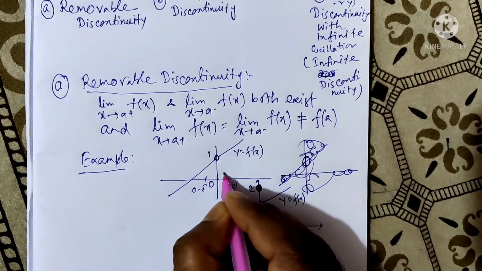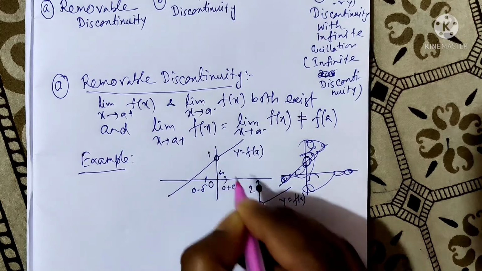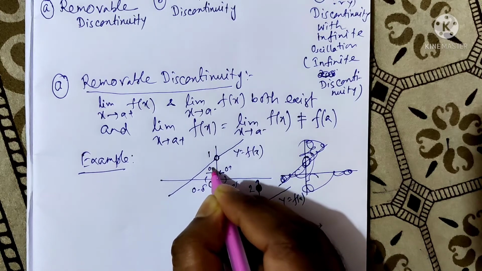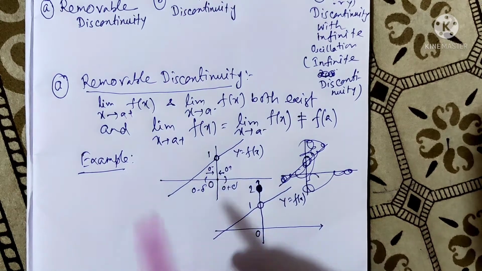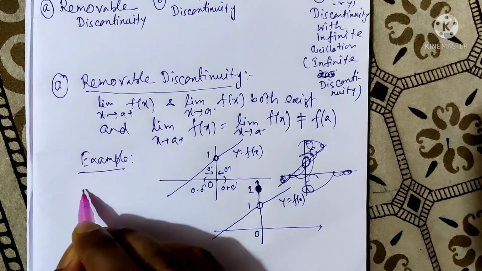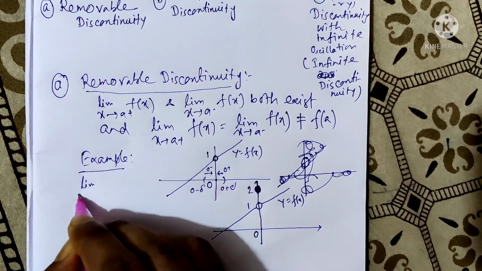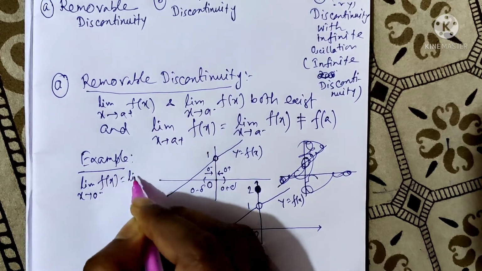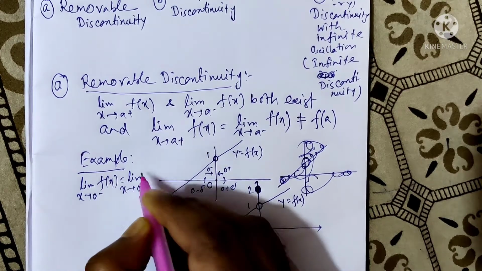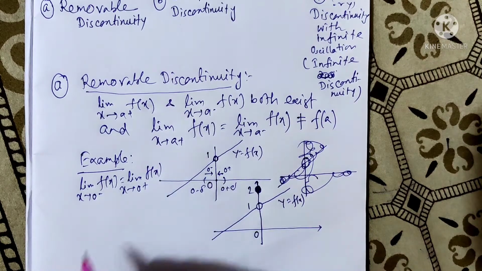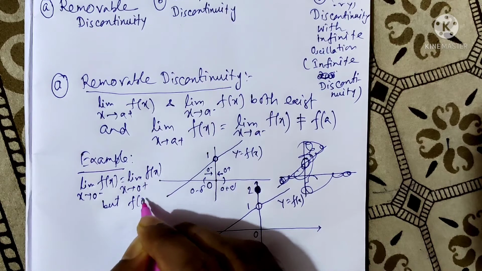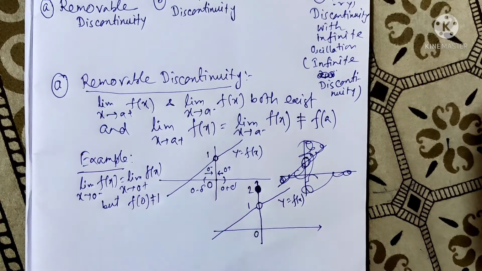So from 0 plus delta to 0 is the 0 plus side, and from 0 minus delta to 0 is the 0 minus side. In this picture, the limit as x tends to 0 minus of f(x) equals the limit as x tends to 0 plus of f(x), but f(0) is not equal to 1.